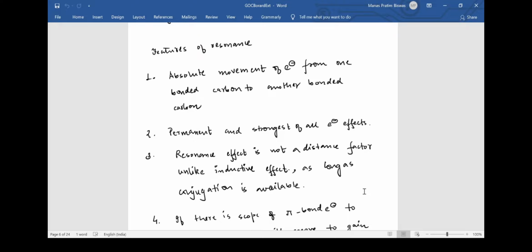So the first feature of resonance is that the electrons' movement is absolute. Like in the example of the inductive effect, what we saw is that the electron tended to get away from or close to some group of atoms due to their electronegativity.